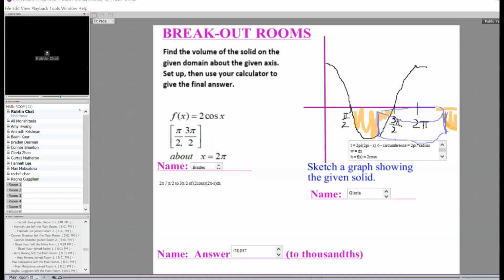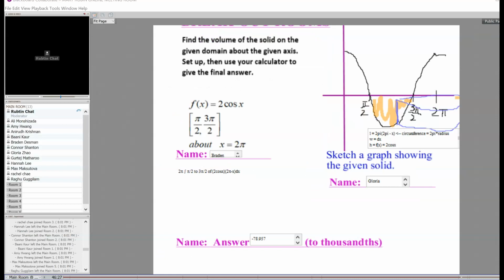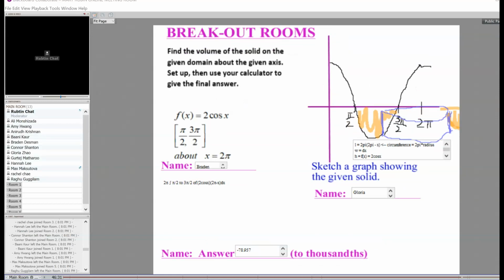So I ripped us all back together again. Now, some people just used the function 2 cosine x, and if you do that, then it's x measured from 0 to wherever the x is. But you have to take into consideration that the axis of rotation is over here, so this is actually 2 pi minus x.